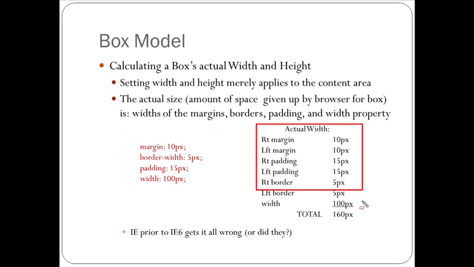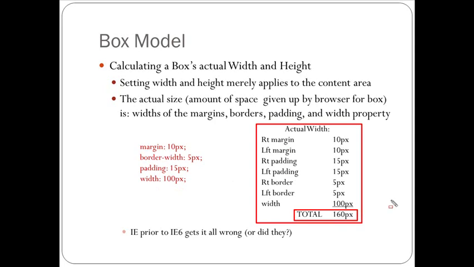Looking at this over here, we have a right margin and a left margin at 10 pixels each, right padding and left padding at 15 pixels each, a border at 5 pixels each, plus the width of 100 pixels. So that box is actually going to take up 160 pixels in width.